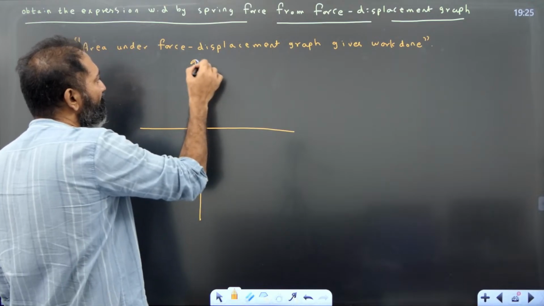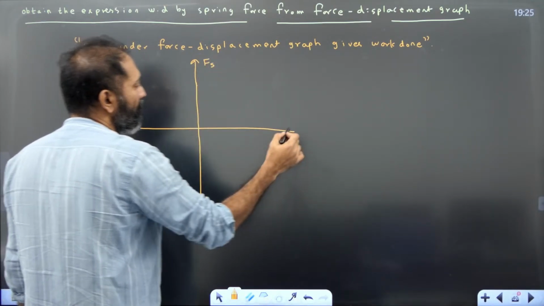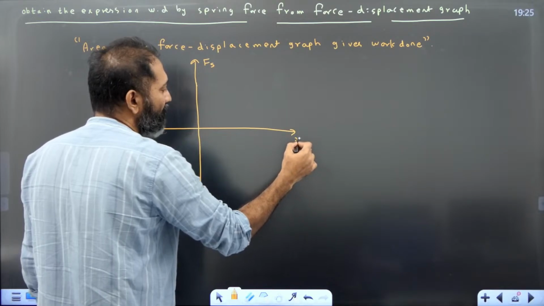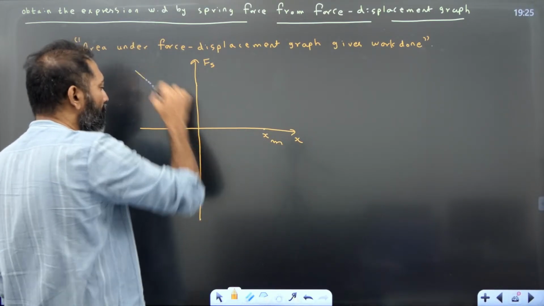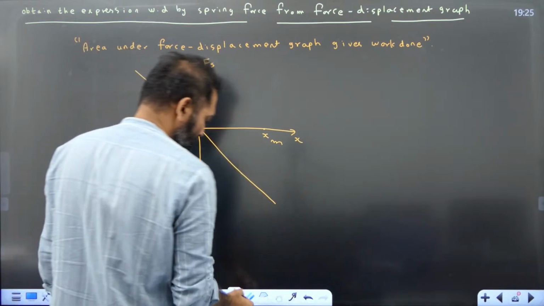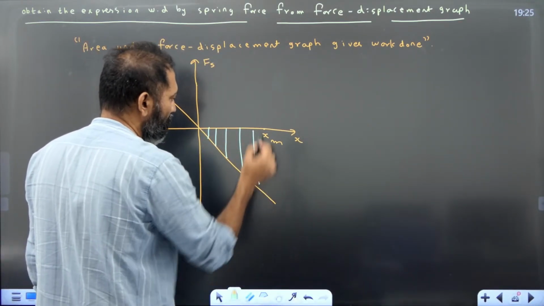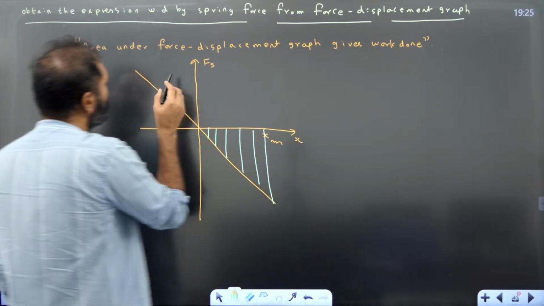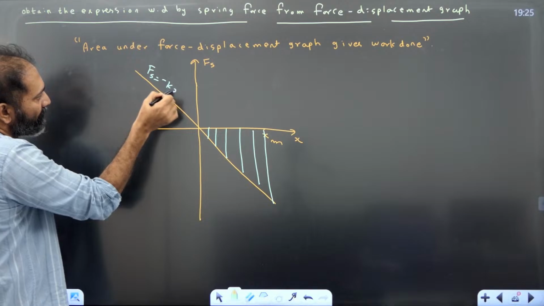Spring force is on the y-axis and the displacement is on the x-axis. This is maximum displacement x sub m, and the graph will be like this, and the shaded portion will give work done. So this is spring force Fs equal to minus kx.